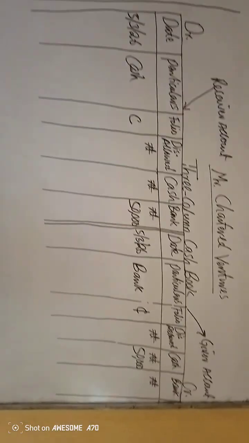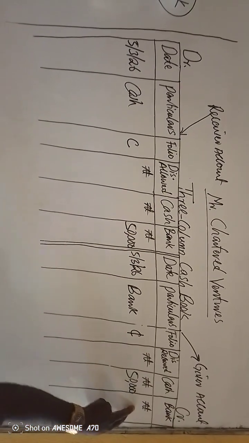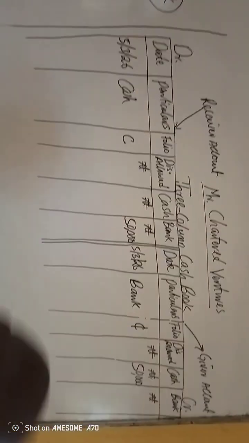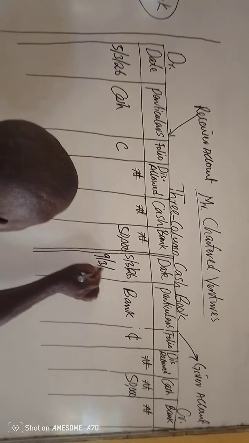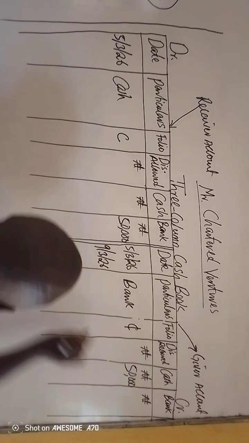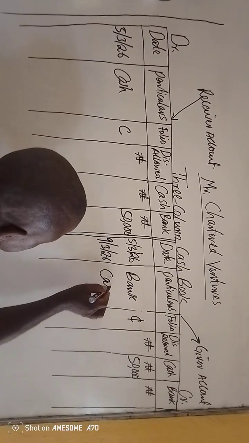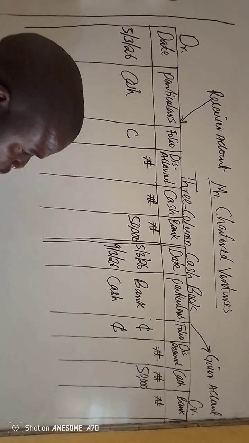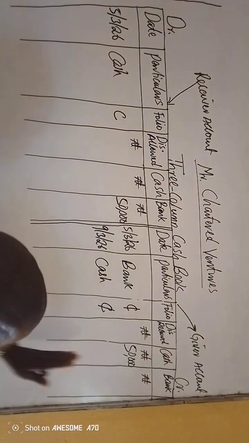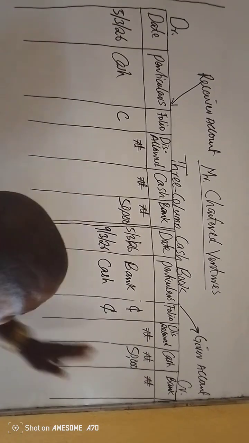So don't think that cash is a suspense, we're dealing with the giver, which is bank. Now say on this date, which is 9th of 3rd, 26, bank is giving to cash. And this is C, which is standing for contra entry. Mind you, we have suspended cash, but cash is not the giver. The giver now is bank.